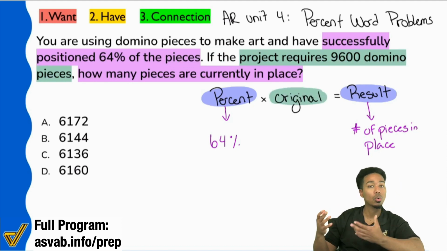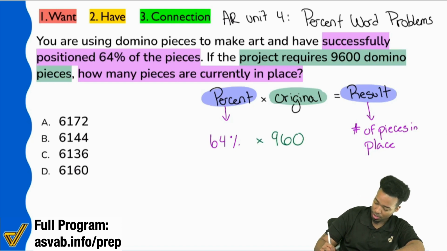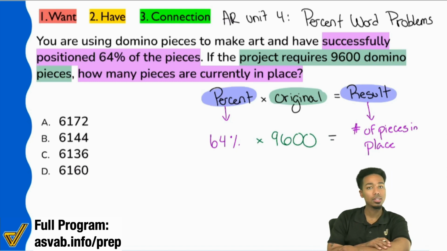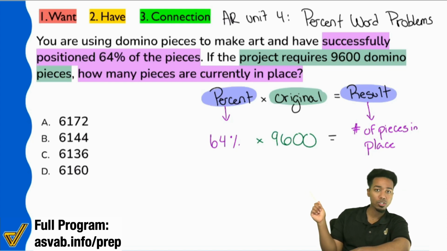It originally required 9,600. We plug that in, and that's what's going to give us our answer. So it seems like a simple setup, but you have to know where these pieces come into play, because if you don't, you're not putting yourself in a good position to succeed. Remember, all of these types of questions were also put into the program. You have all the step-by-step solutions, but let me show you how to do this one here.